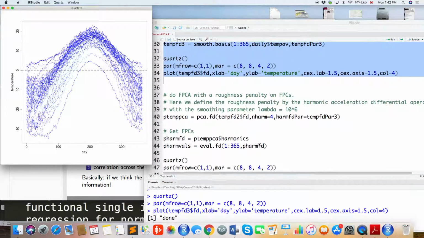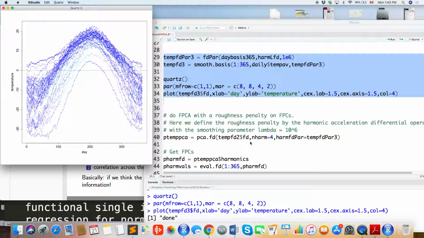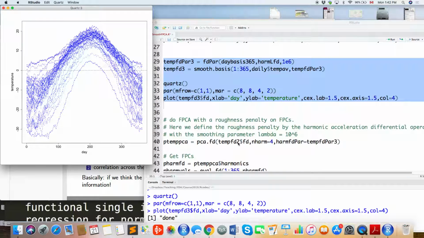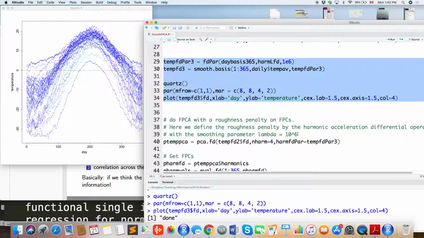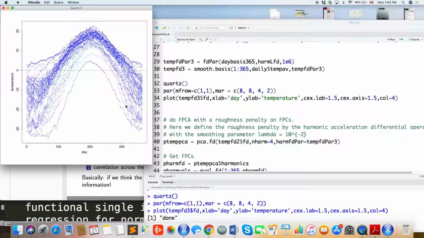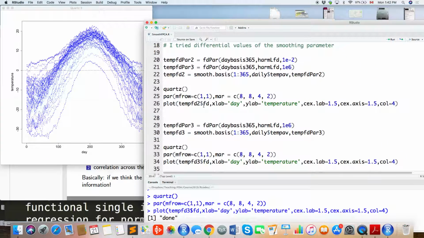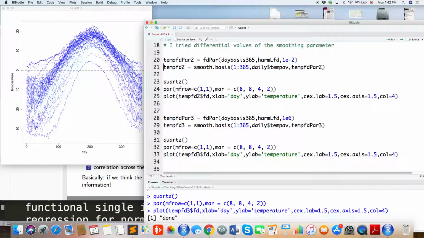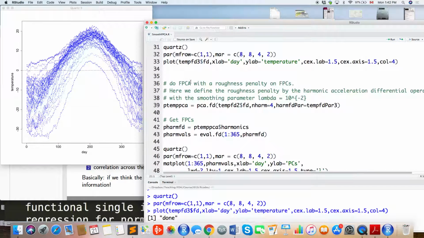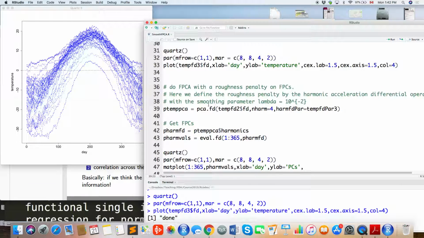So we are using smoothing parameter lambda equal to 10 to minus 2, and we use these curves, the temp fd2, to do the FPCA. We are still using the function pca.fd.